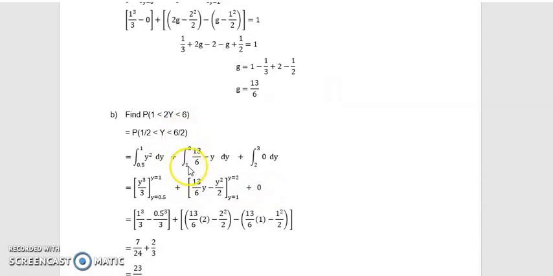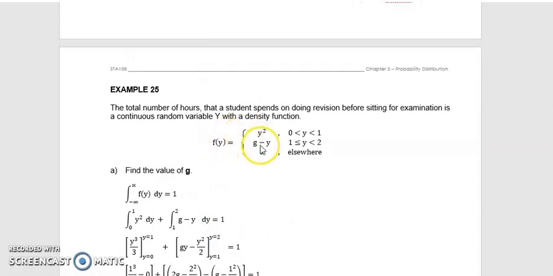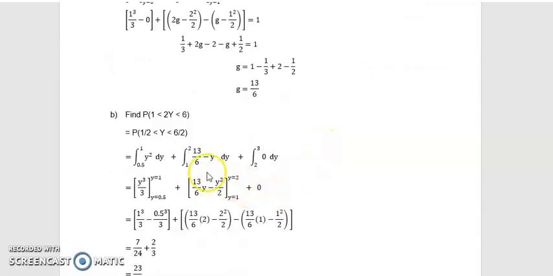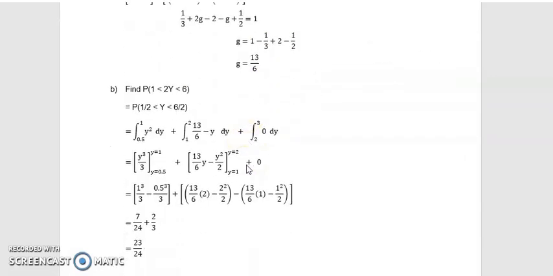So that's why we integrate from 1 to 2, because this function is for 1 until 2 only. Then integrate 13 over 6 minus y dy. So where do we get 13 over 6? Because this is the value g. The function given here is g minus y, so substitute g equal to 13 over 6.